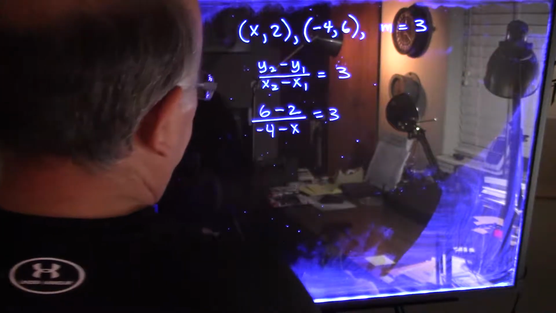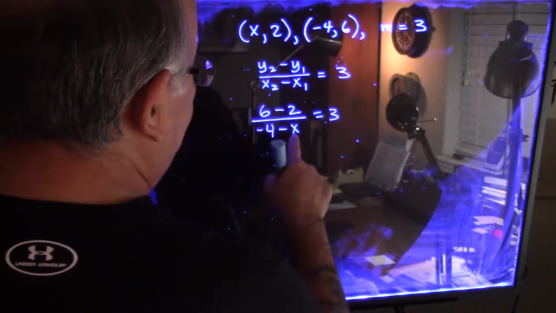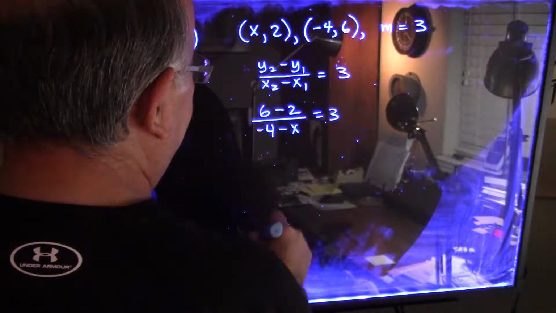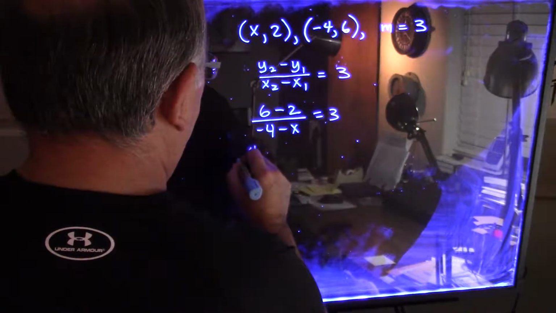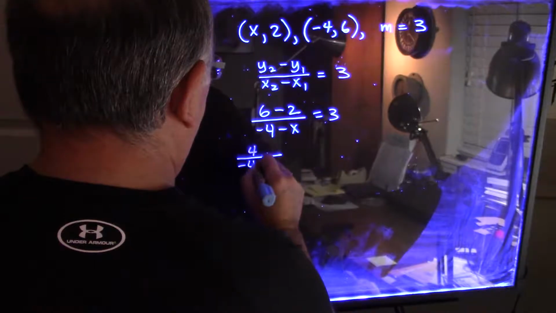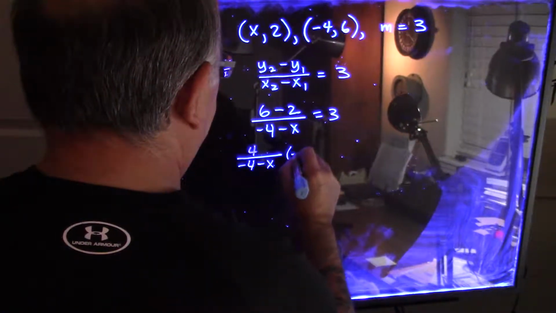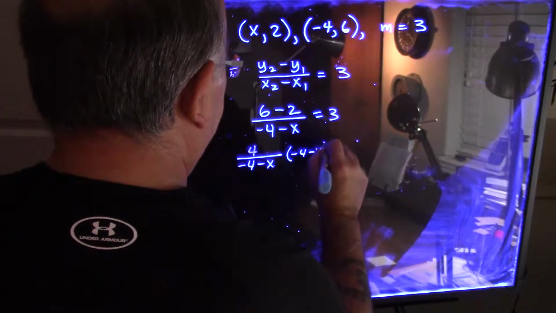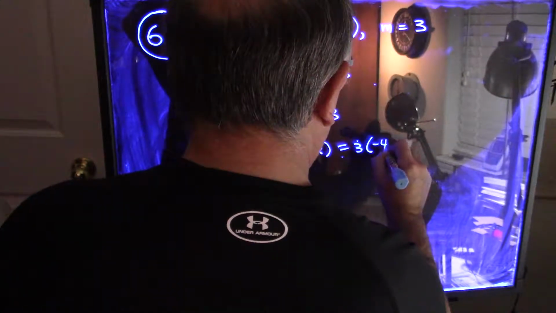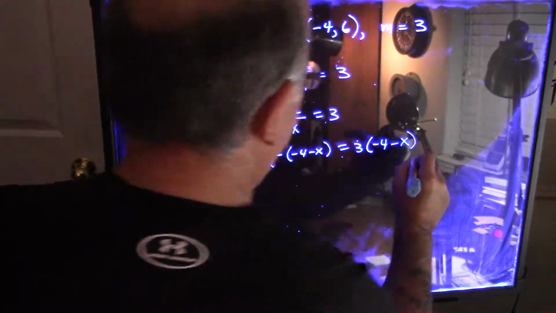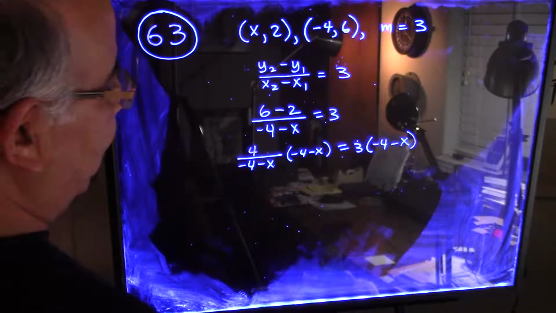Alright. So now you clear the fraction by multiplying both sides by -4 minus x. So you've got 6 minus 2 on top is 4 over -4 minus x times -4 minus x equals 3 times -4 minus x. Alright, multiply both sides by -4 minus x.